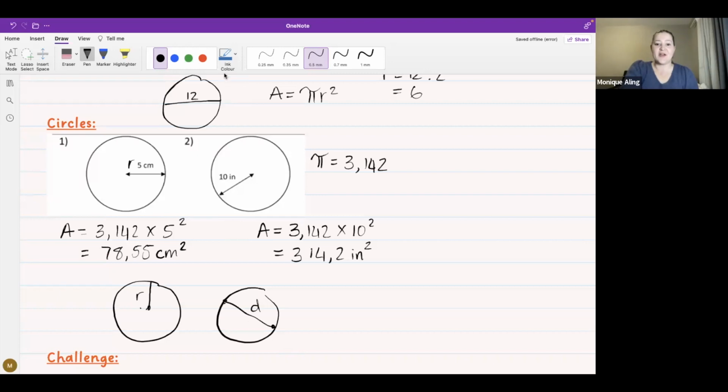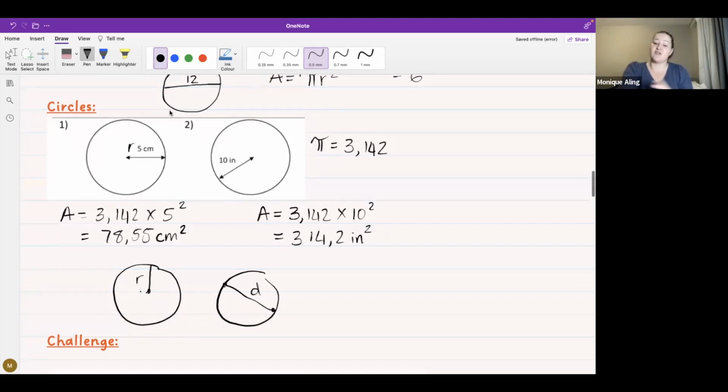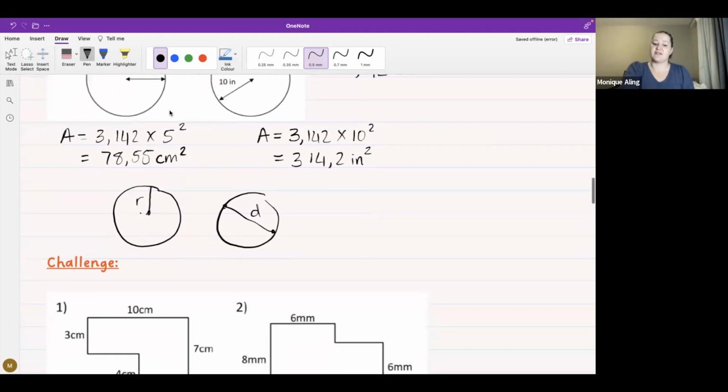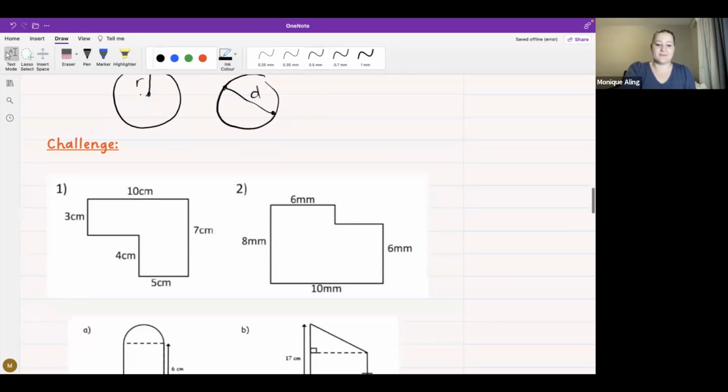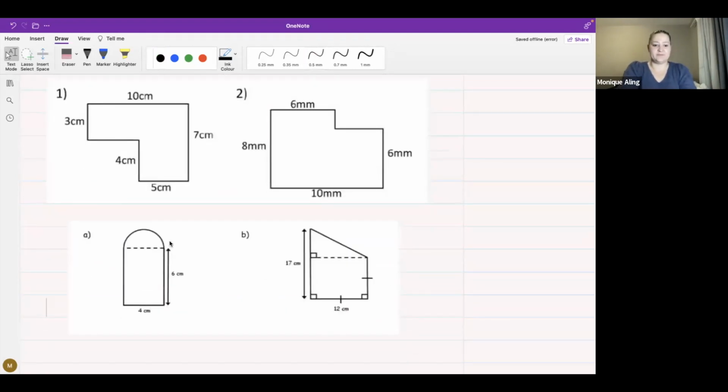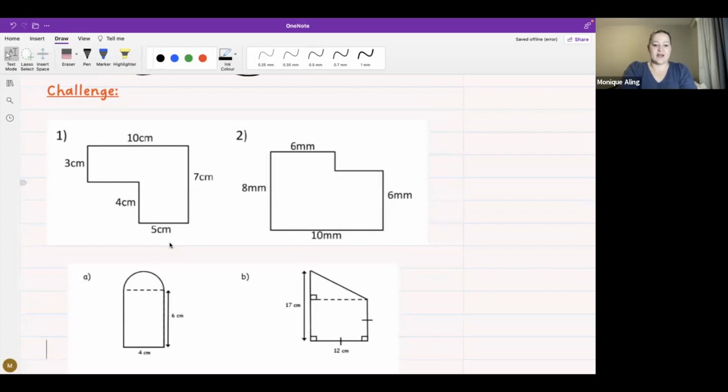Okay, so before I go to the challenge, I want you guys to not freak out. It is possible, based on what we have learned, to work out the area of these shapes. Some of you will be like, oh, easy peasy, but don't freak out, okay? Let me quickly create some space here.